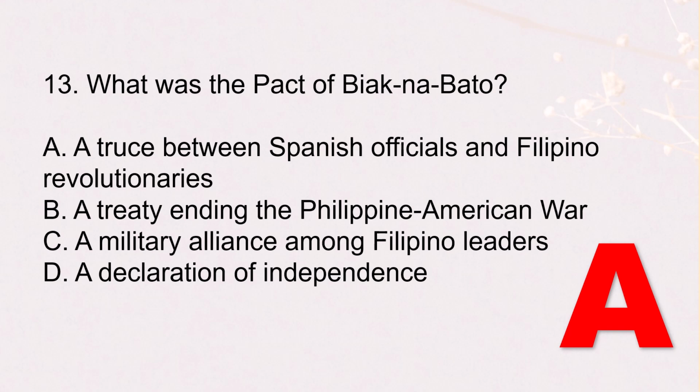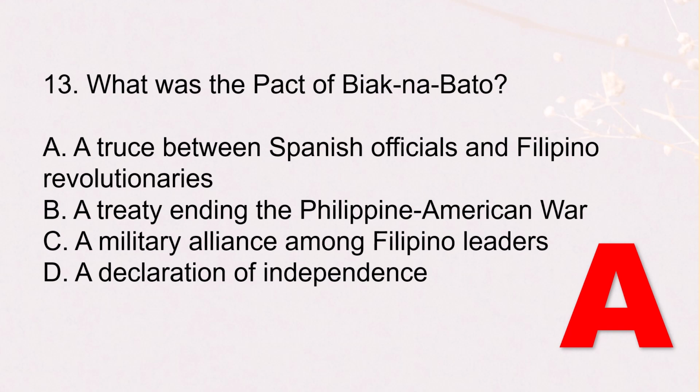Okay, so the correct answer is letter A. The Pact of Biak na Bato was signed in 1897 and it temporarily halted hostilities in exchange for exile and payment. So this is a truce between the Spanish officials and Filipino revolutionaries.